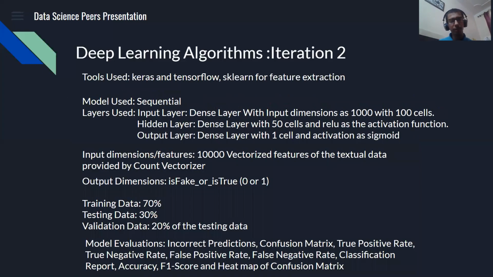Similarly, I have decided to create another model using more features to improve the accuracy. A similar model, but with 10,000 vectorized features, I have chosen. But the approach remains the same as for deep learning algorithm one.